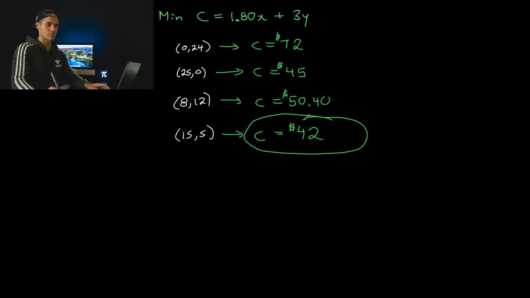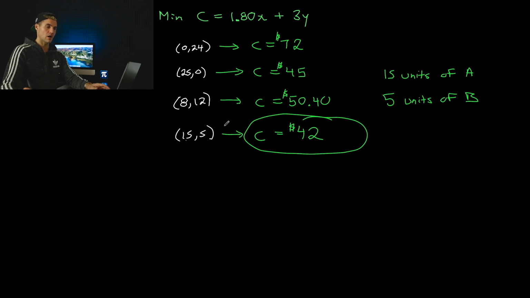This one right here, the $42, right? And so that's going to happen if we purchase 15 units of food A and 5 units of food B. That's going to give us that minimum cost of $42, and it's still going to meet those diet requirements for the carbs, protein, and fat.